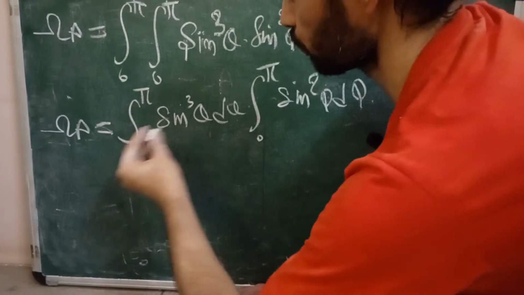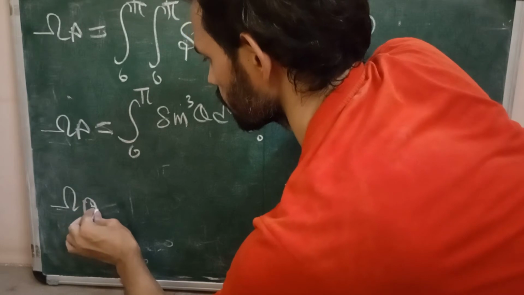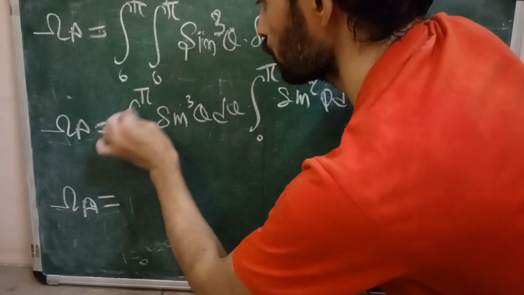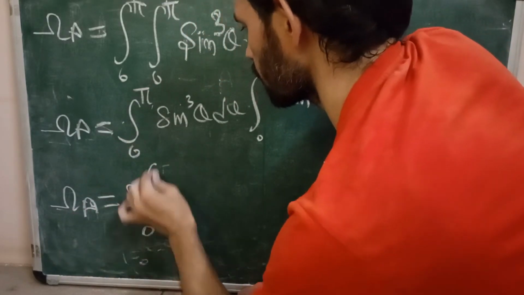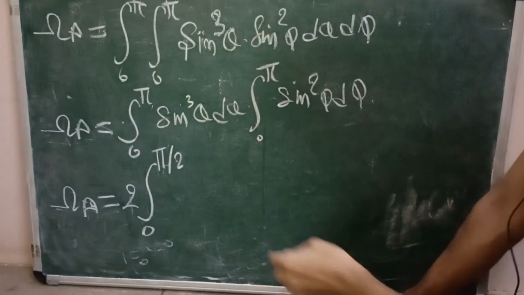How can we apply the Wallis formula? As we know very well, just multiply by 2 and divide by 2, because the Wallis limit is 0 to π/2.